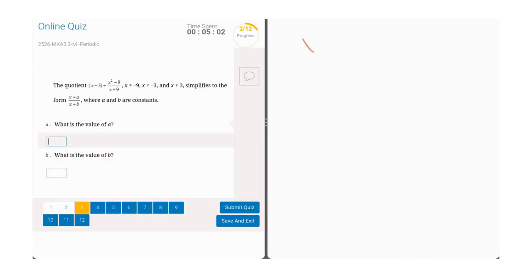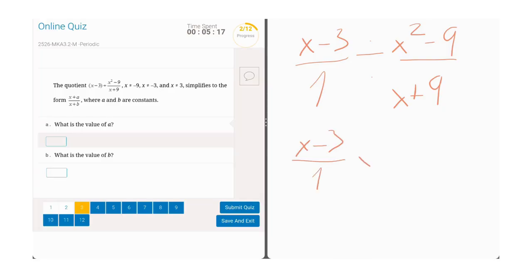For this question we have x minus 3 over 1 divided by x squared minus 9 over x plus 9. We do keep, change, flip, so we keep the first rational expression, change the sign into multiplication, and flip the last fraction. So we're going to be left with x minus 3 over 1 multiplied by x plus 9 over x squared minus 9. We can factor only the x squared minus 9.